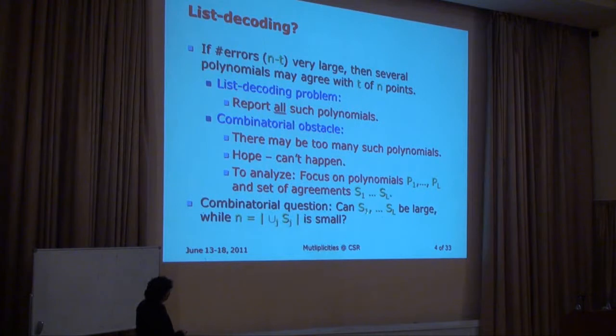Can we manage to make each one of these sets large, each one should have at least t elements, while keeping the union of these sets small? The union of these sets is at most n. Can L be very large, the S sub i's be very large, while n is relatively small? Can this really happen together?